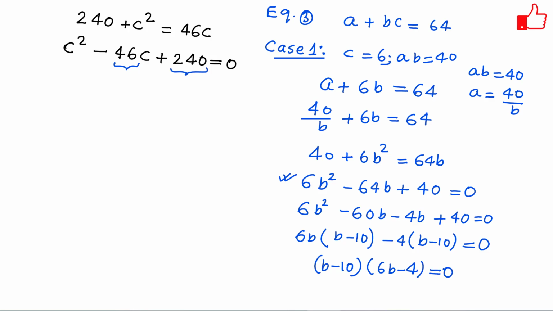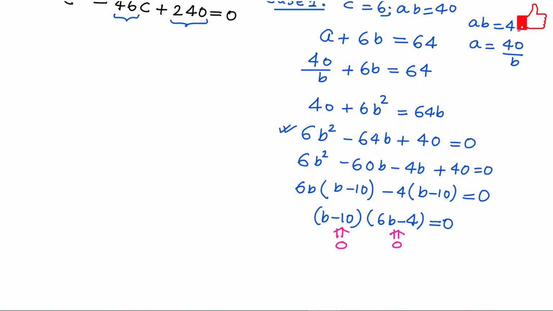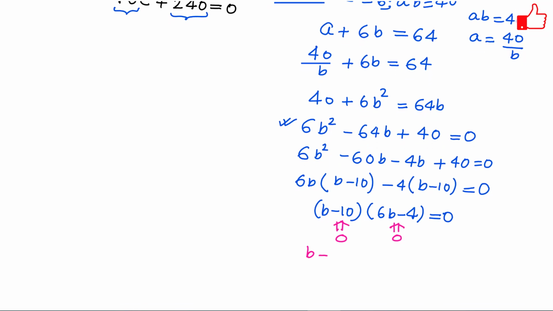So two possibilities, either this term is 0 or this term is 0. If the first term is 0, that is b minus 10 is equal to 0, this means b is equal to 10. And if 6b minus 4 is equal to 0, this means b is equal to 4 by 6, that is 2 by 3.